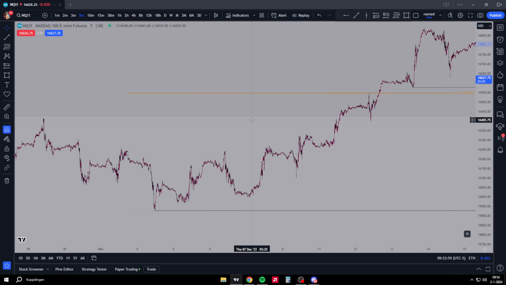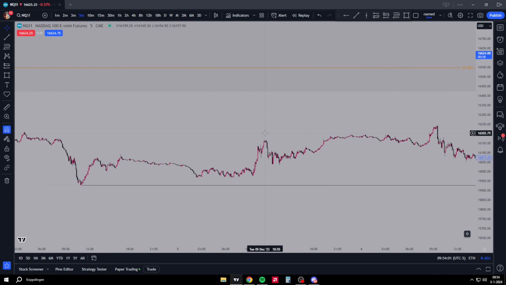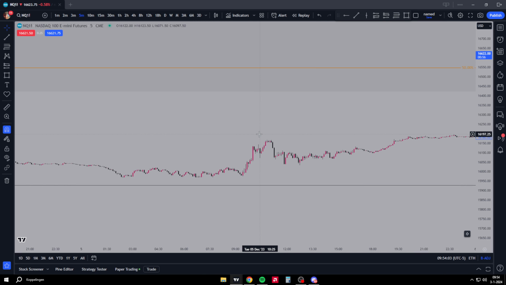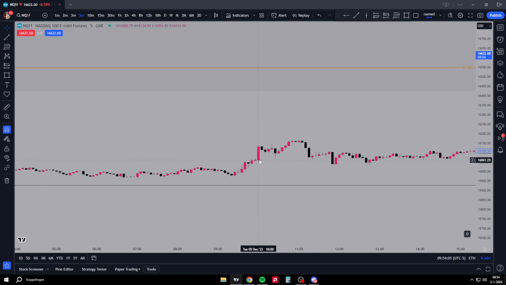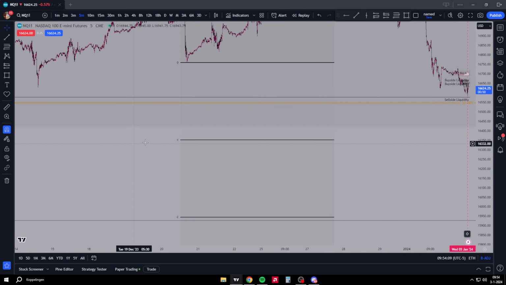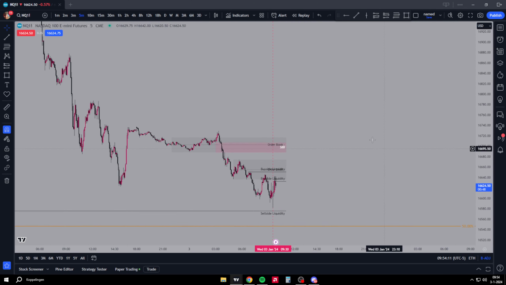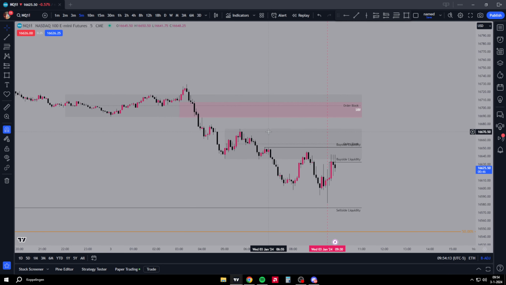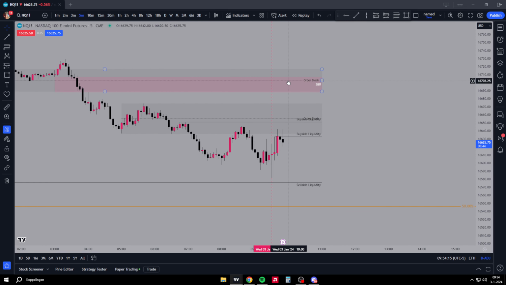Where is it? All right, so this is just this push to the upside, and it actually was a lot. So I wouldn't expect us to take out this order block high. That would be too much actually. So I'll just remove that.